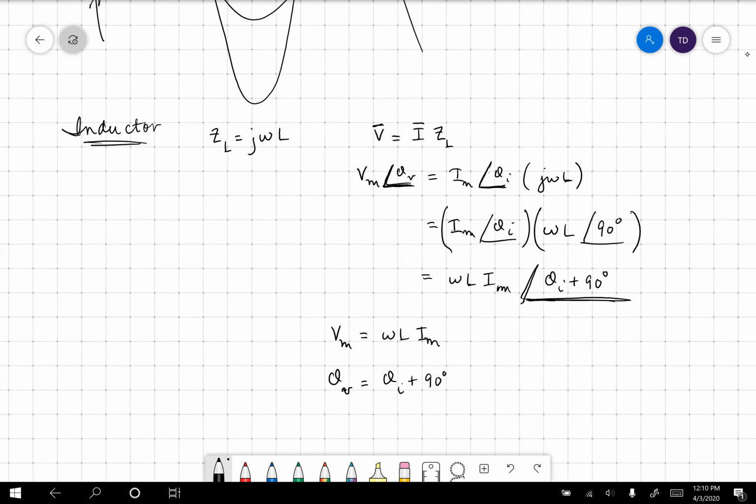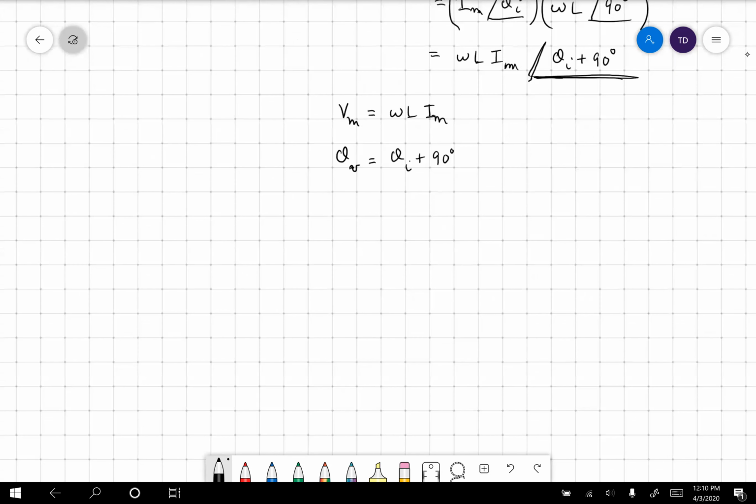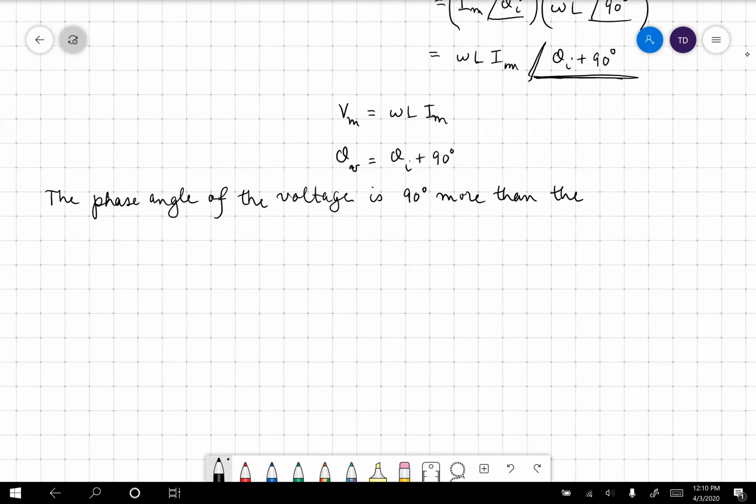I'm going to write that in words for you. The phase angle of the voltage, I'm going to write it one different way than the way I said it, is 90 degrees more than the phase angle of the current.